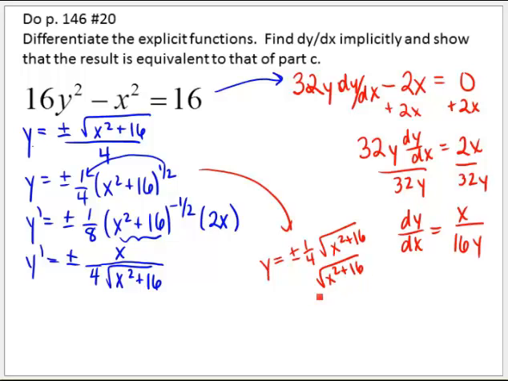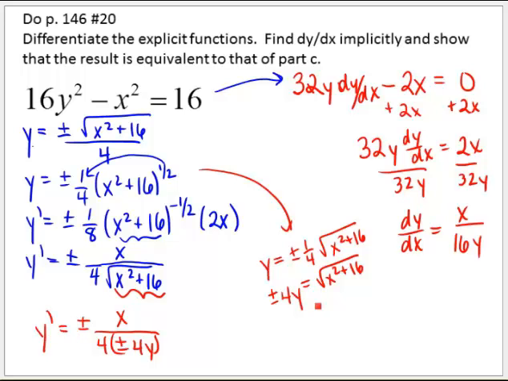So I'm going to multiply by plus or minus 4 on both sides, and I get plus or minus 4y on the left-hand side. So I'm going to replace this x squared plus 16 with plus or minus 4y. So down here on the bottom, I now have 4 times plus or minus 4y, and I have x, and I have a plus or minus sign out front.